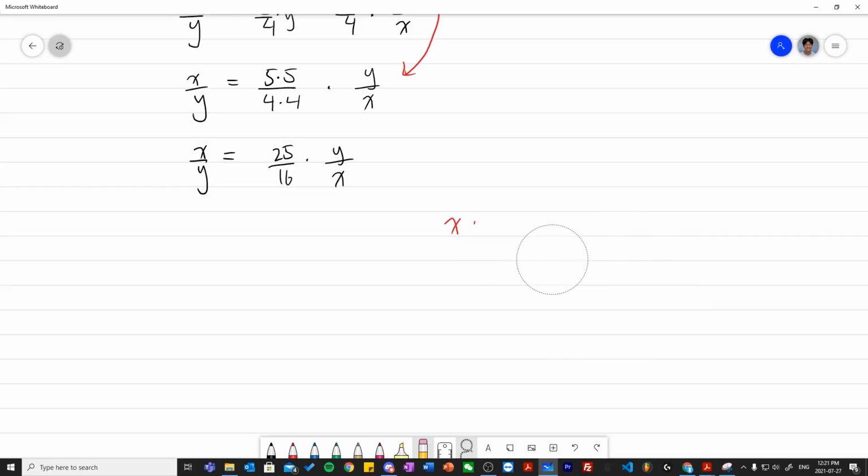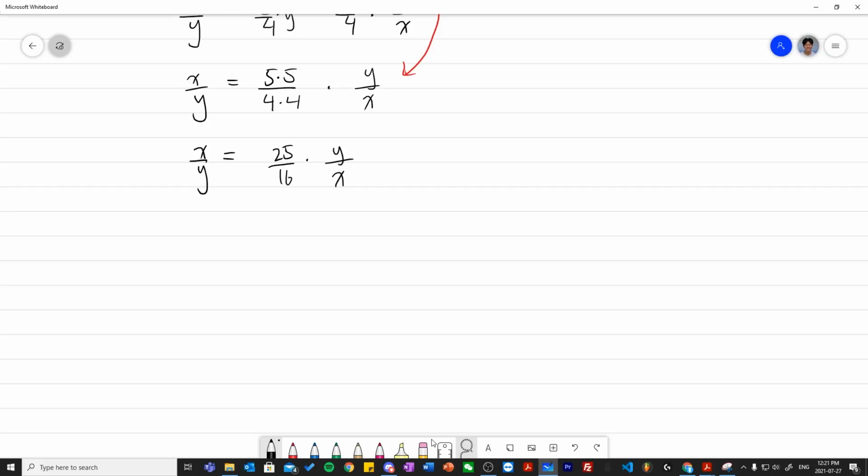So that being said, how can we make it so that x and y are all on one side? Did anybody want to say something? Sorry, Patrick, your mic cut out.